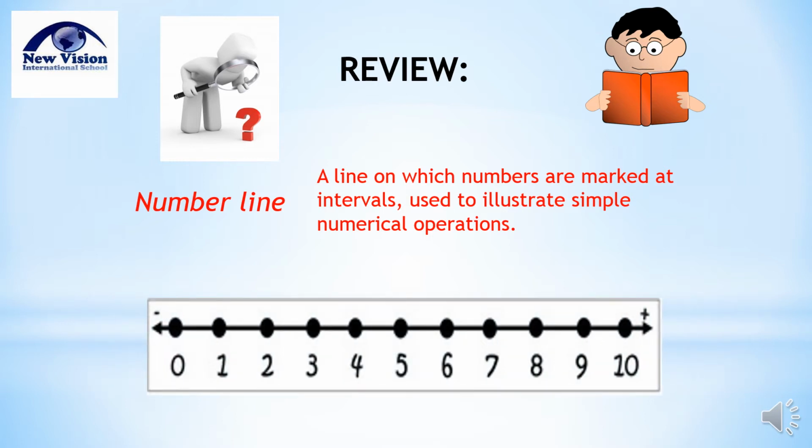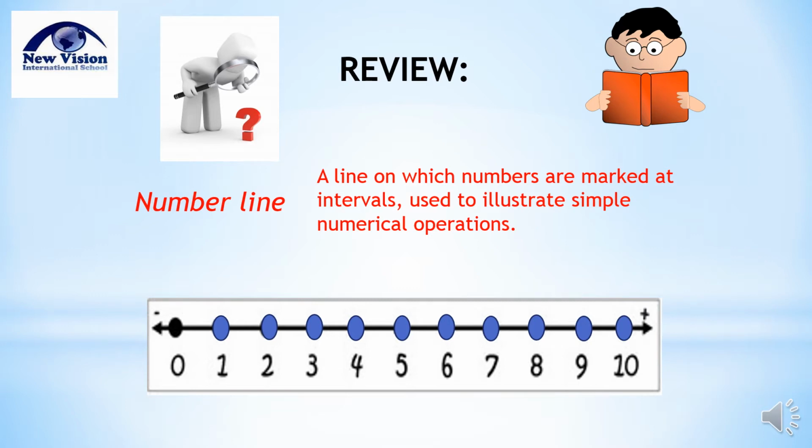What will happen to the value if we move to the right? Let's find out. 1, 2, 3, 4, 5, 6, 7, 8, 9, 10. What did you notice about the value? Yes, the value increases if the direction is to the right.